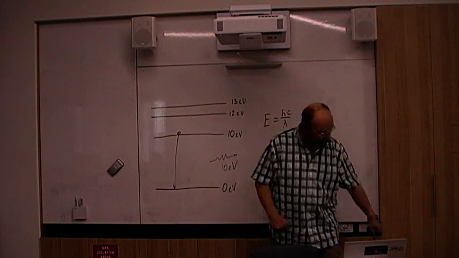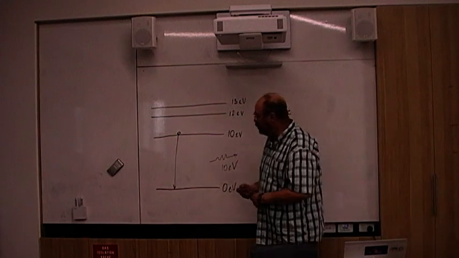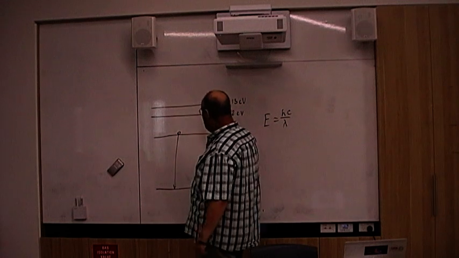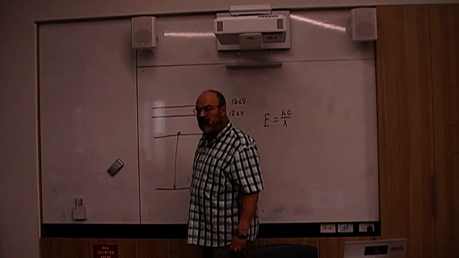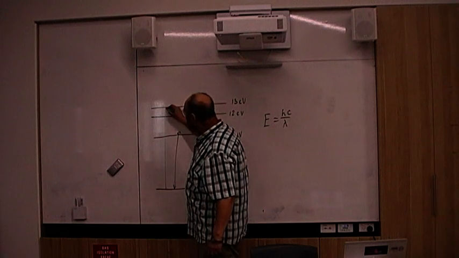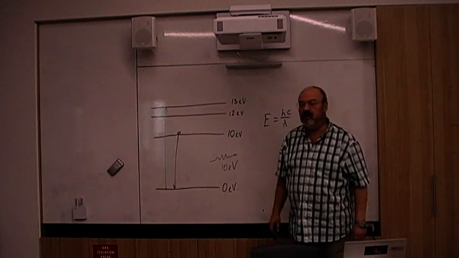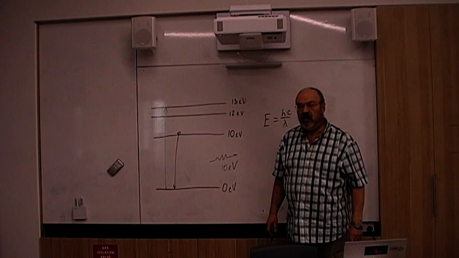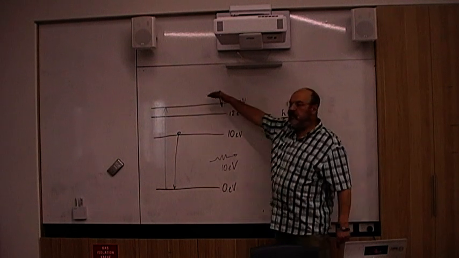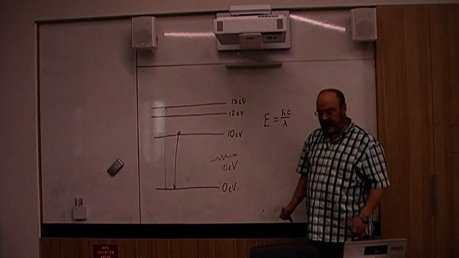But if the incoming photon has energy 10 electron volts or 12 or 13, let's say we send light with photon energy 13 electron volts, then the electron will absorb it and go up to this level. It's absorbed. What about 14? No, it will not be absorbed by the atom, unless there are some more levels.